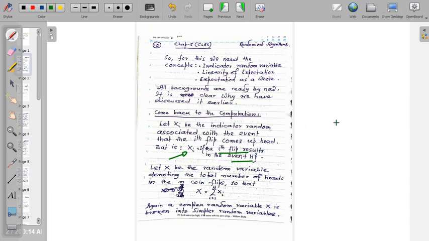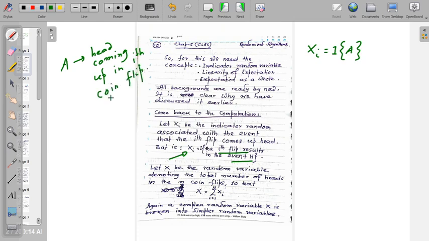This Xi is the indicator random variable I associated with this event A, and this A in our coin flip experiment is that a head comes up in the ith coin flip or not.